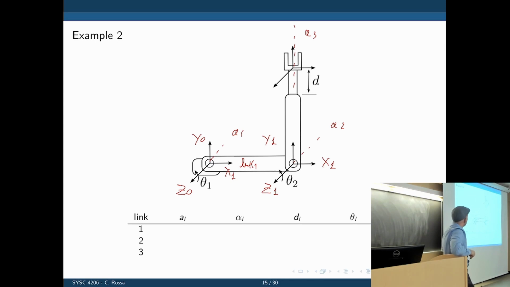Now where do I place them? Well, one goes at the tip, because that's eventually what we want. So if one goes at the tip, where should we place Z3? Z3 is the last one at the tip. Where should Z go? Along the actuation axis.